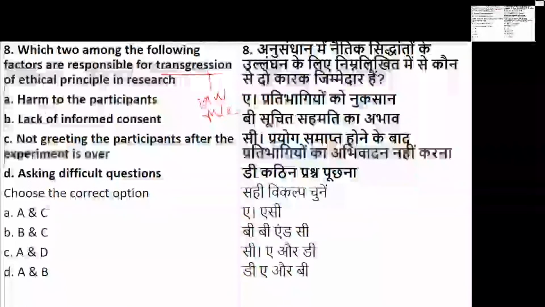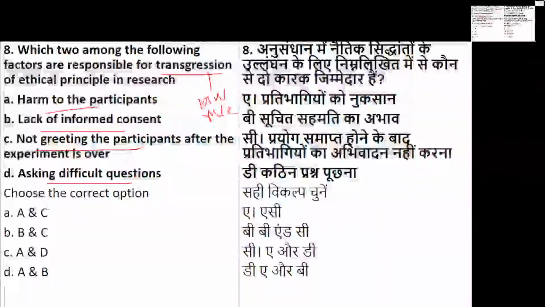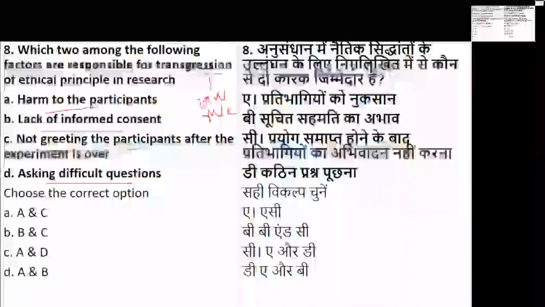The options are: to harm the participants, lack of informed consent, not greeting the participants, asking difficult questions. So what comes under the rules as a part of your ethical principle in research? Waiting for the answer, everyone, for question number 8.